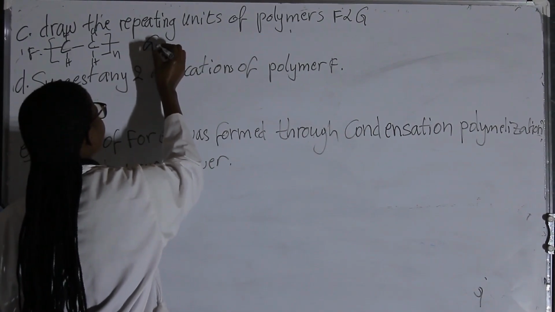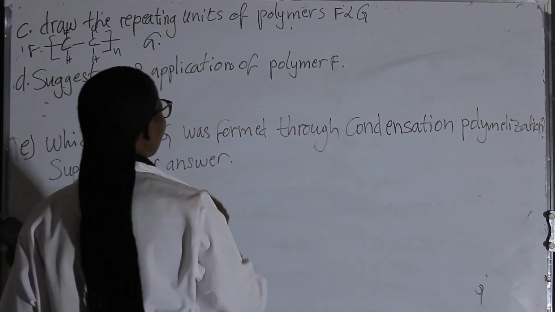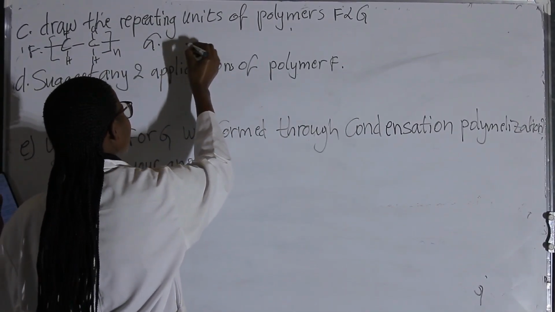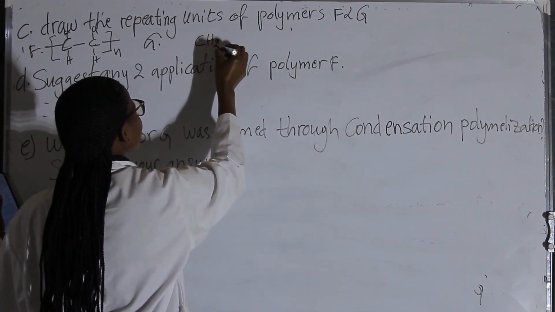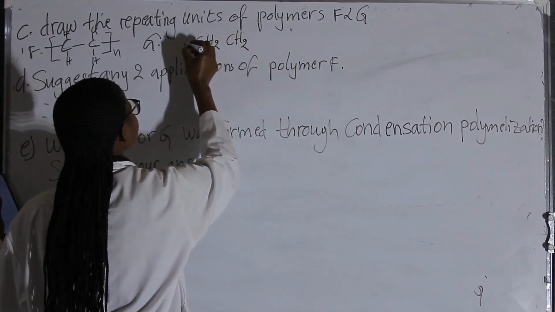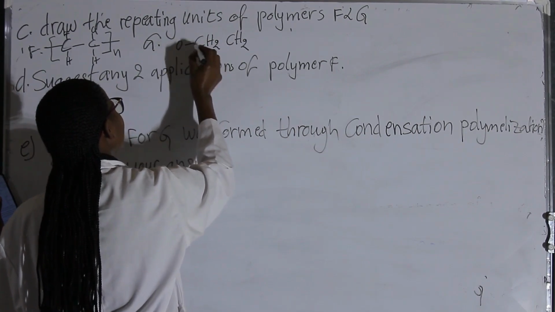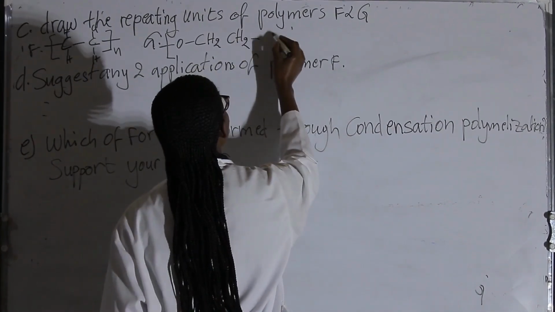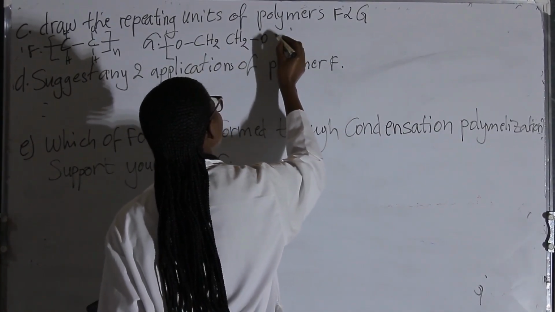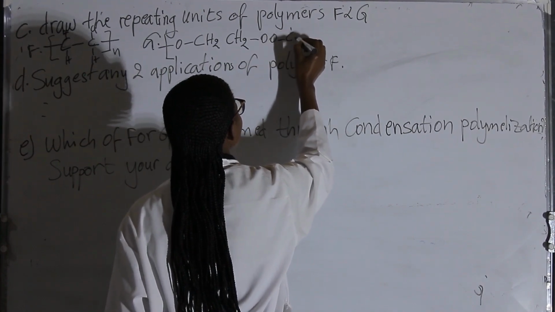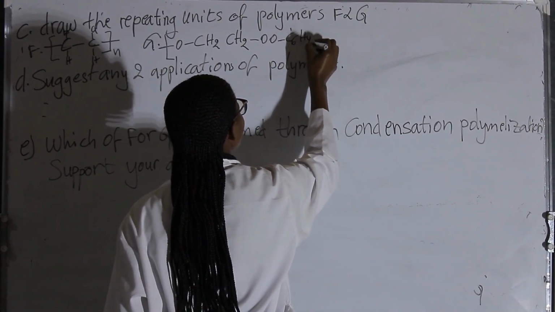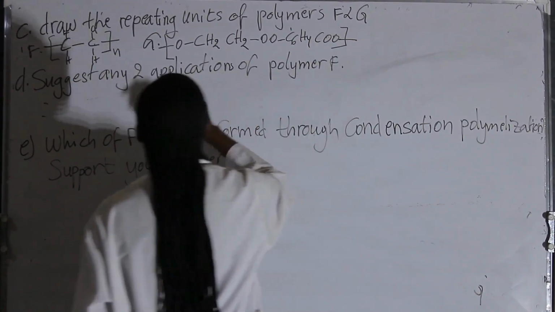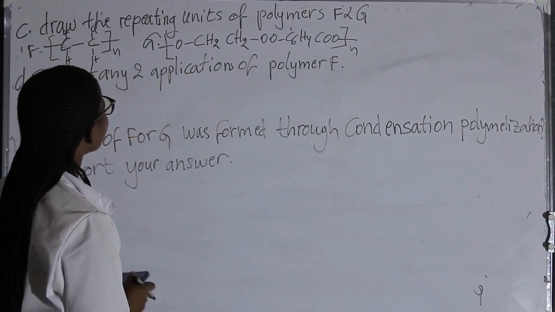For G, we have two monomers. The repeating unit has CH2, C6H4.